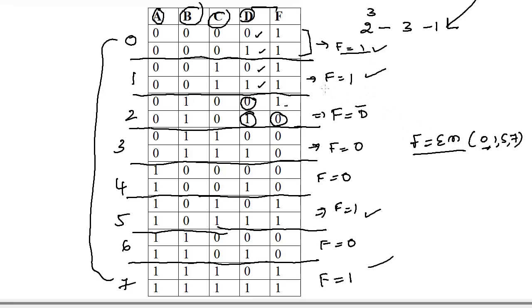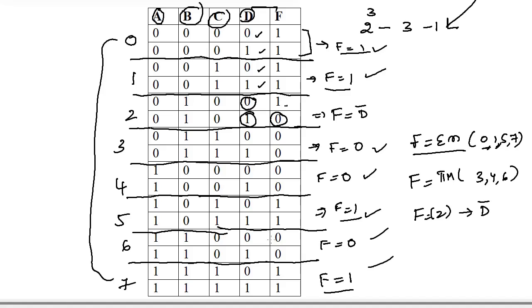Next, decimal equivalent value 1, F is 1. Next, 5th position F equal to 1. 7th position F equal to 1. Next, F is equal to pi m of the remaining missing terms. Missing terms are the 0 terms, that means 3, 4, 6. And F of 2, I am not defining here. So F of 2 is connected with D bar line.